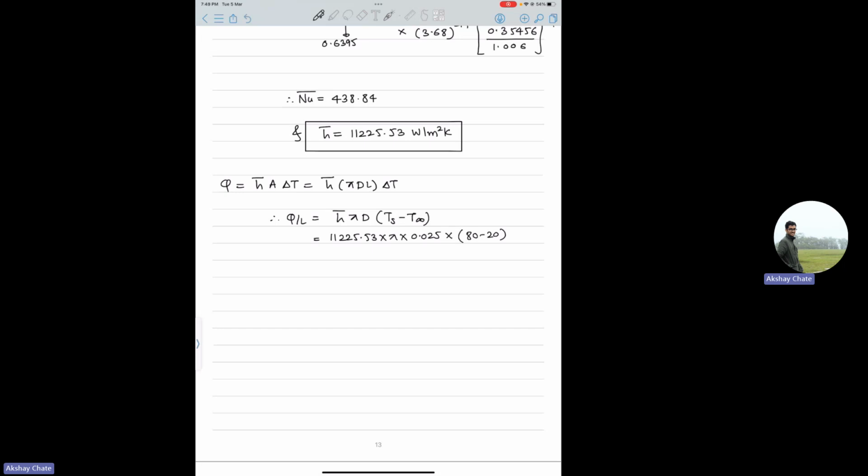So that comes around 52.89 kilowatt. So this is your heat transfer per unit length. So this will be per unit meter, kilowatt per unit meter.